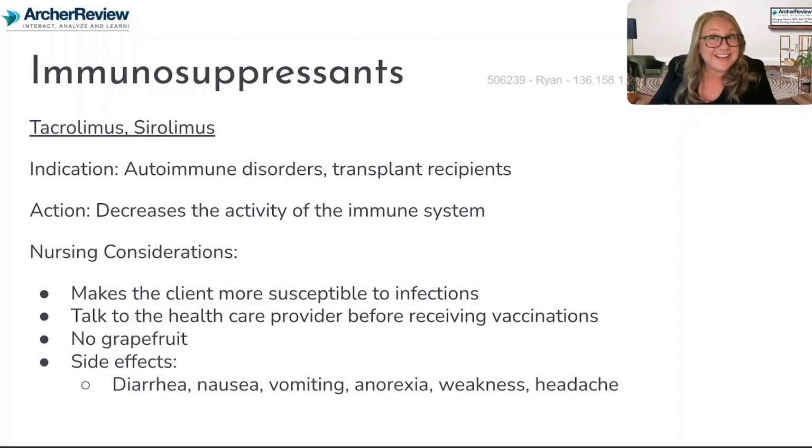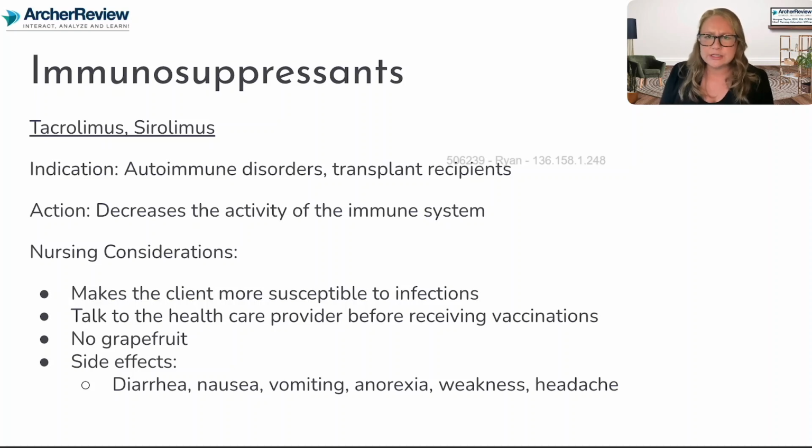But we can't let it, otherwise they'll reject that organ. So transplant recipients are going to chronically be on one of these immunosuppressants. I personally have worked with a lot of heart transplants, and Tacro or tacrolimus is usually the immunosuppressant of choice that at least I have personally seen.